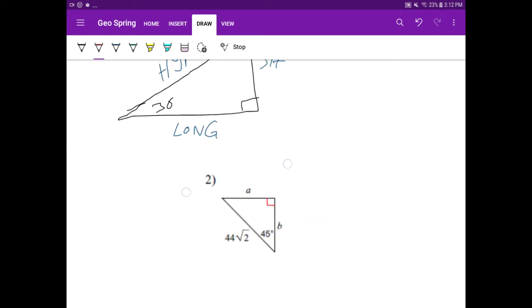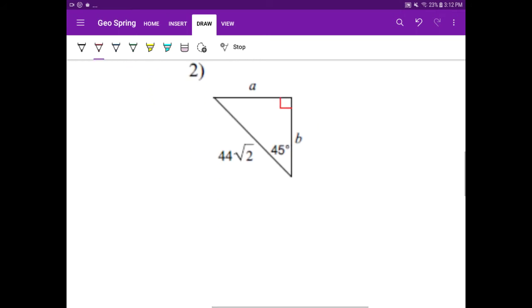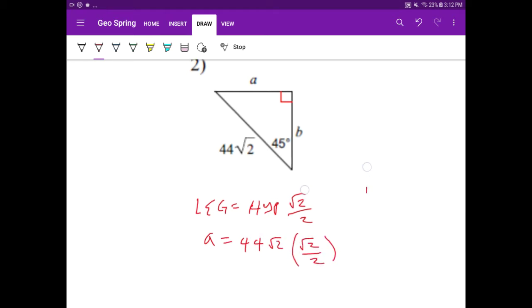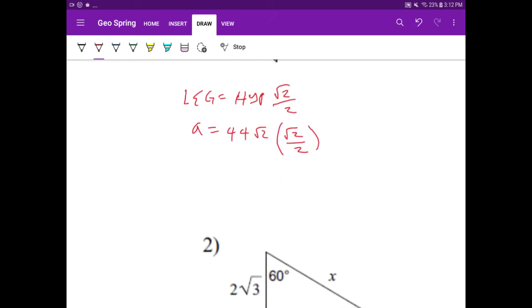If you're going the other way, the formula up there is leg equals hypotenuse times square root of 2 over 2. So in this case, A equals 44 square root of 2 times square root of 2 over 2.